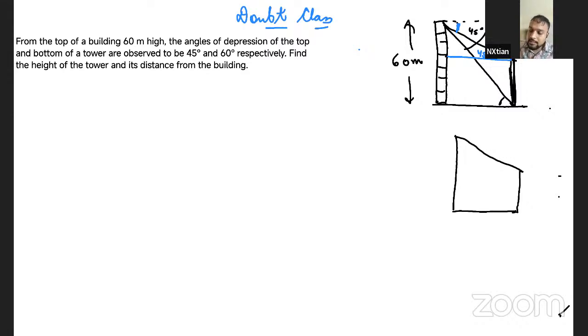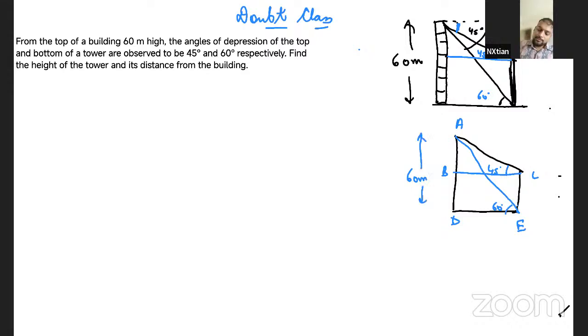I told you, these two lines are parallel because horizontal lines are parallel to each other. If this is the angle, then this is equal to this. And if this is 60 degrees, then this is equal to 60 degrees. So the new diagram is going to be like this, with points A, B, C, D. Understood, guys?